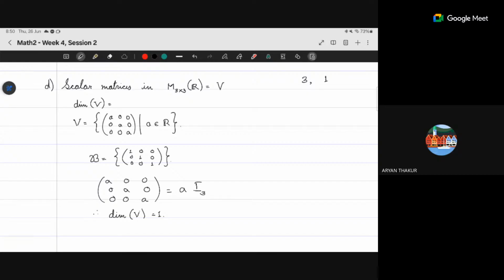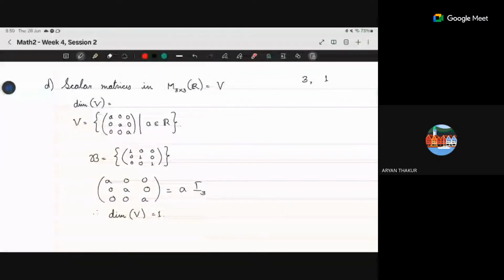Just take any n cross n and just take scalar matrices in that. But that would still be spanned by the solo identity element, right? All the diagonal entries are the same. So in any dimension, for any n cross n, the scalar matrices will have dimension 1.